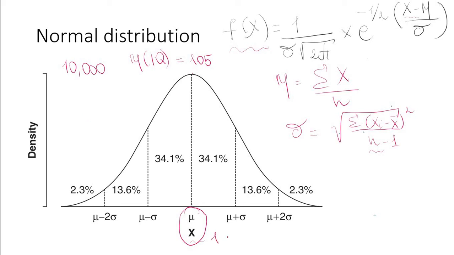So if you randomly take one person out of these 10,000 people, the probability that the IQ of this person will be equal to 105 will be the highest. The probability that you will pick a person with a much higher level of intelligence, let's say 120, will be lower. And the same will apply for lower values. So let's say if we have 90 here, the probability will be symmetrical.